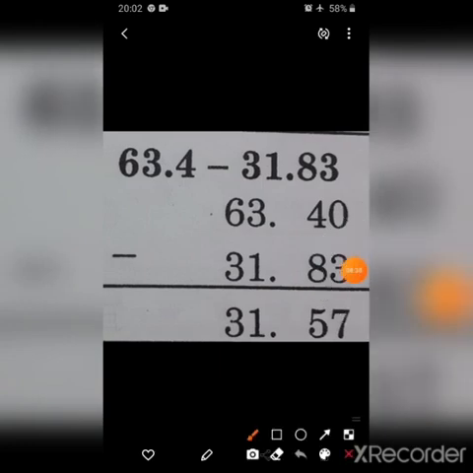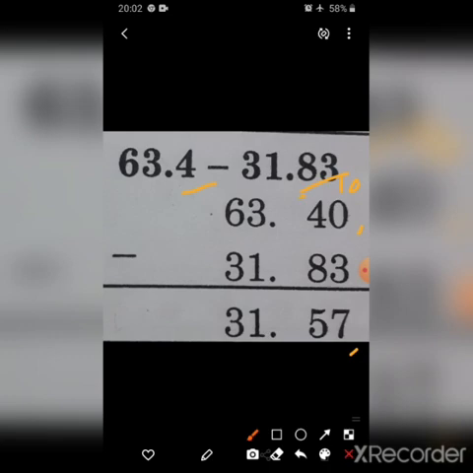Next question, 63.4 minus 31.83. Here only 4 is given, so here you pad with 0. 63.40 minus 31.83. 0 minus 3, is it going? No, borrow from 1 here, so here will come 10. 10 minus 3, 7.